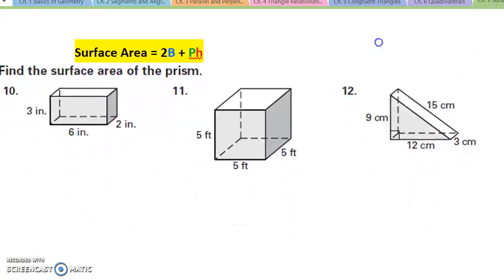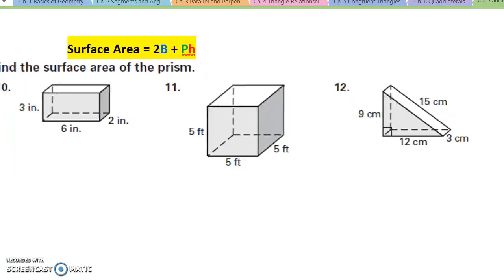Number 10 is a rectangular prism. As I look at it, if it's sitting on its base, the base is a 6x2 rectangle. You may want to draw that base.